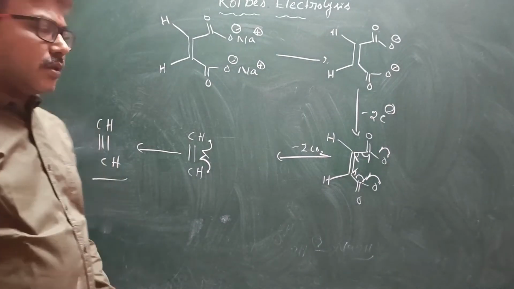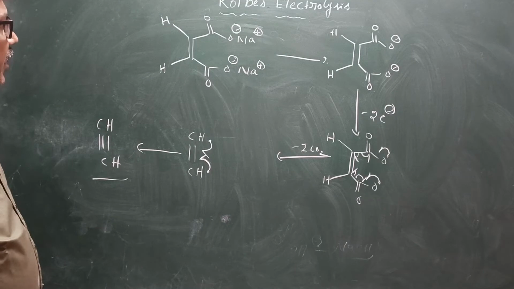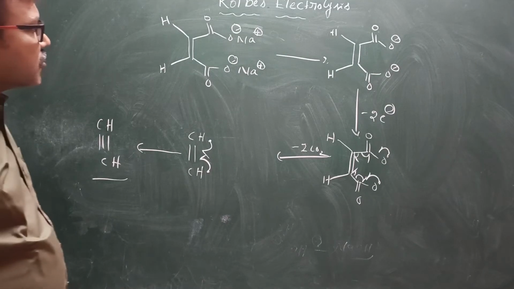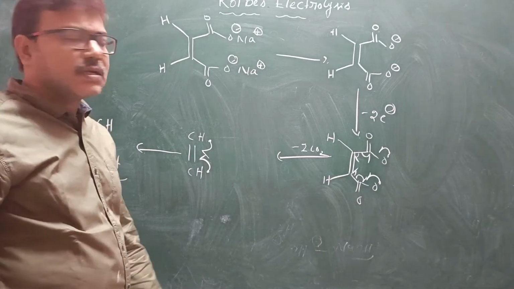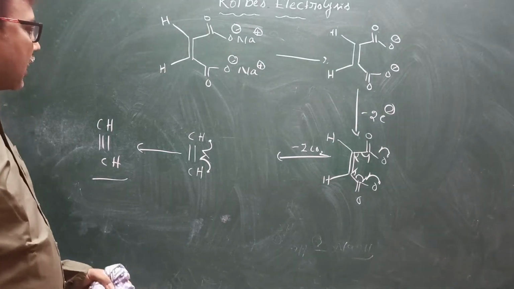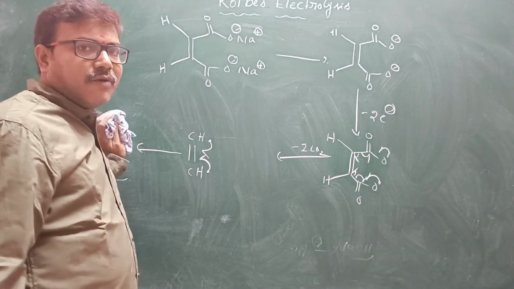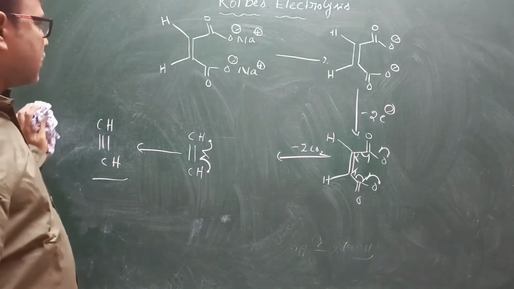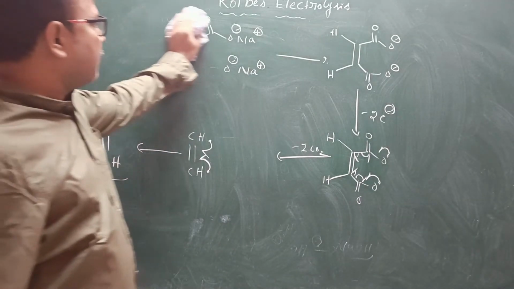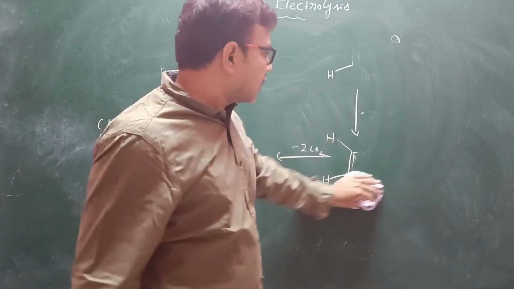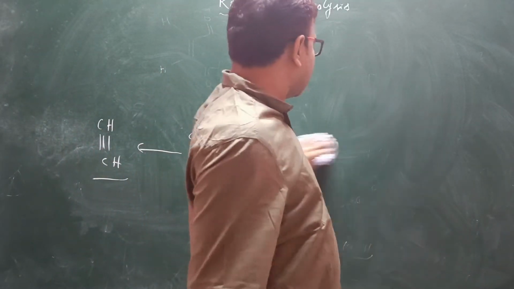Okay, so this is one of the products. So Kolbe's electrolysis is useful for the preparation of alkanes and alkynes also. Another one, it is useful for the preparation of cycloalkanes. Now you see another example, cycloalkane. All these are intramolecular Kolbe's electrolysis.